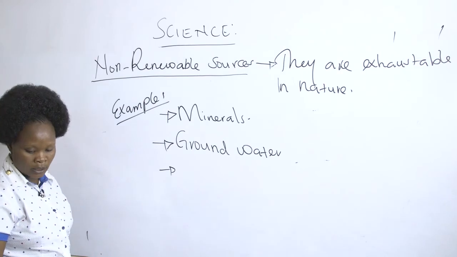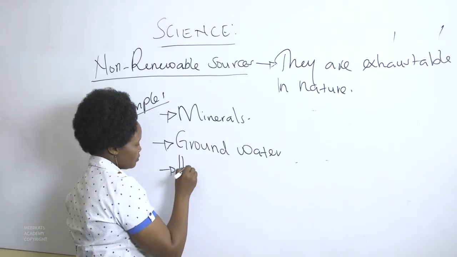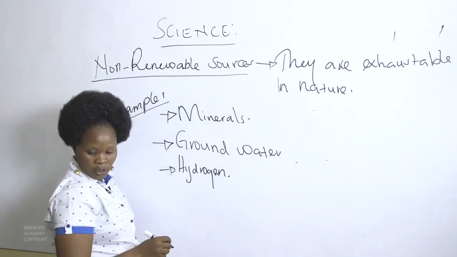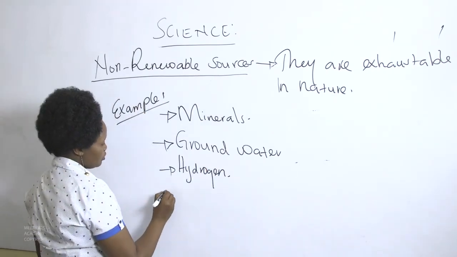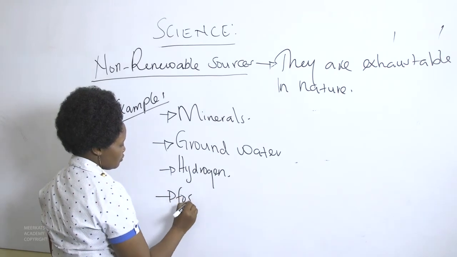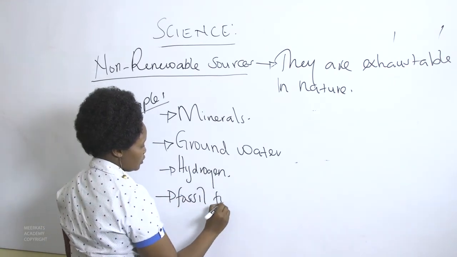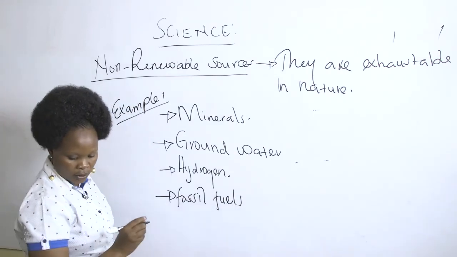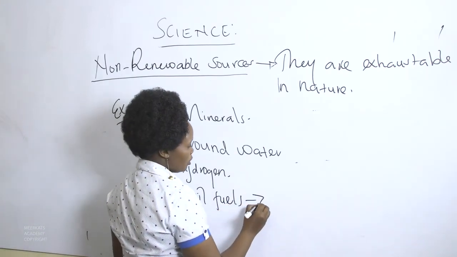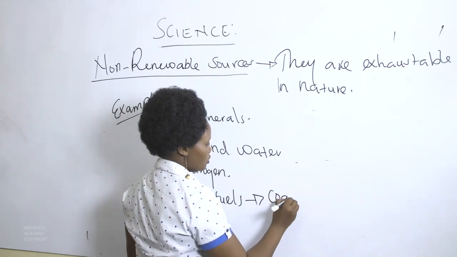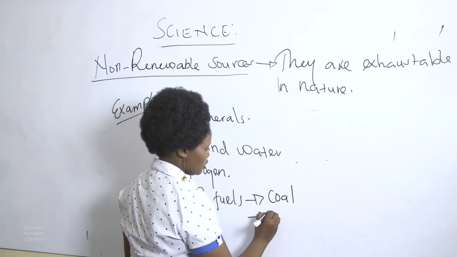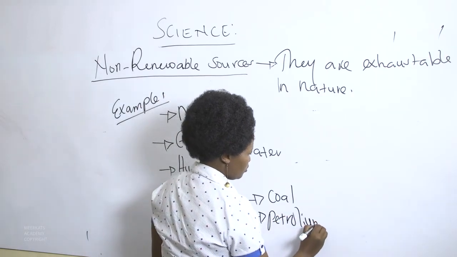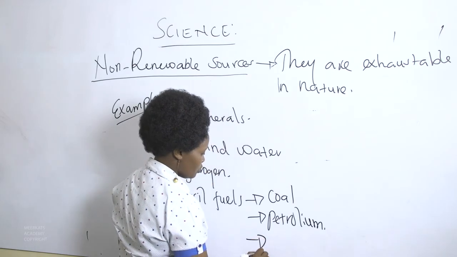Number 3 is hydrogen. Then we can have what we call fossil fuels. And when we talk about fossil fuels, we are actually talking about coal, petroleum, and natural gas.